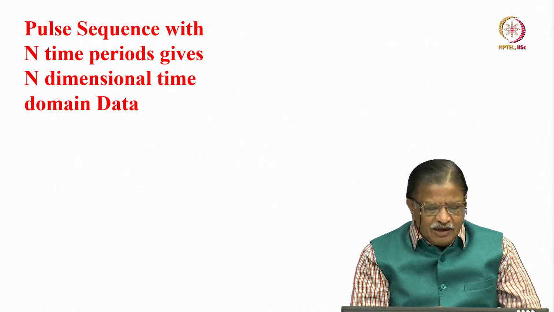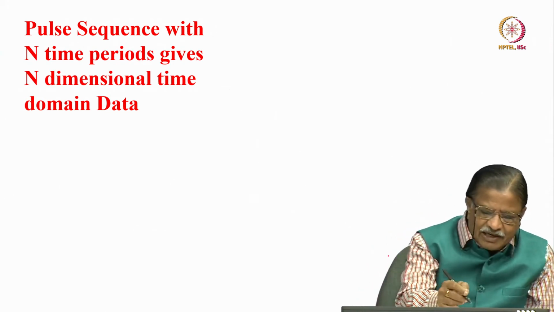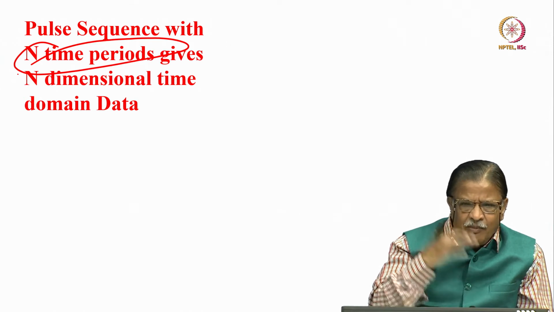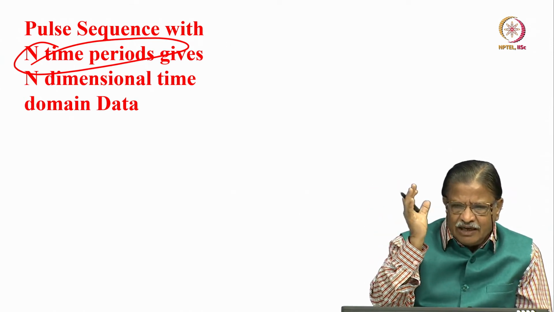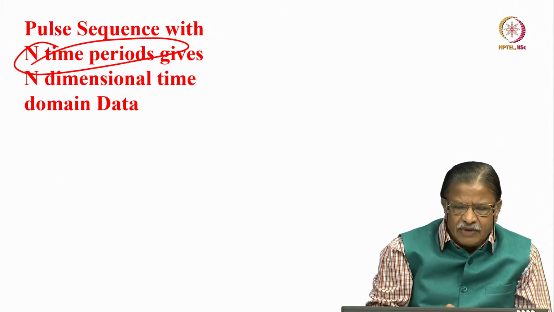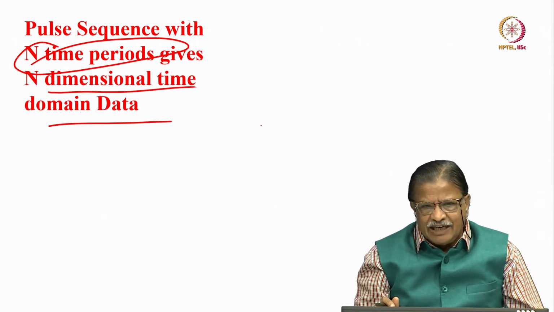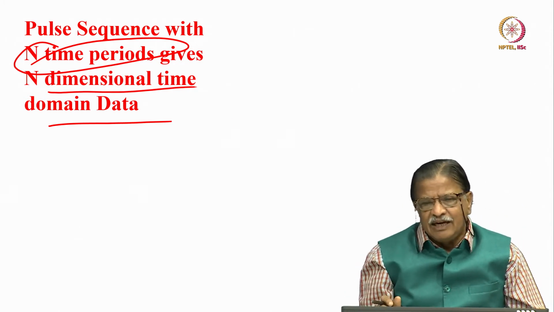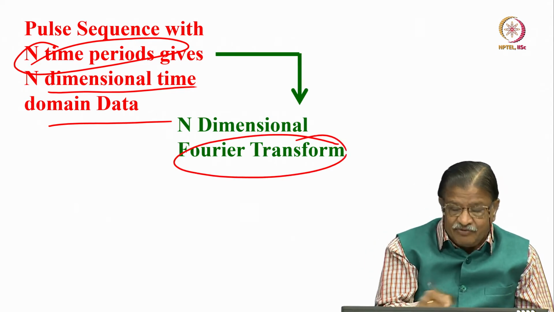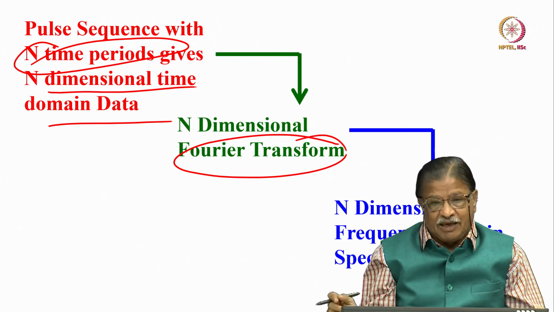Okay. So, we can generalize like this. If I have a pulse sequence with n time periods, I design a pulse sequence, homo or heteronuclear doesn't matter, n time periods are there. One is fixed and n minus 1 I vary and create n-dimensional time domain data. A pulse sequence with n time periods gives n-dimensional time domain data, and you do n-dimensional Fourier transformation and you get an n-dimensional frequency domain spectrum.